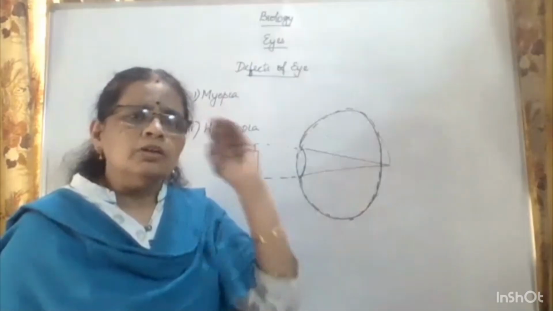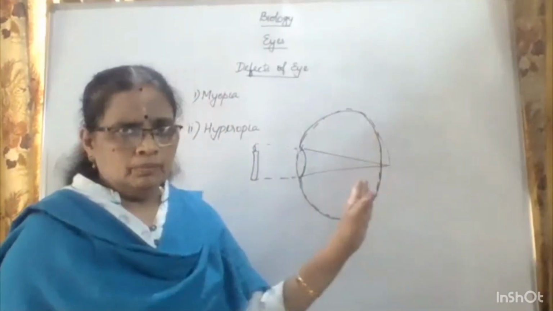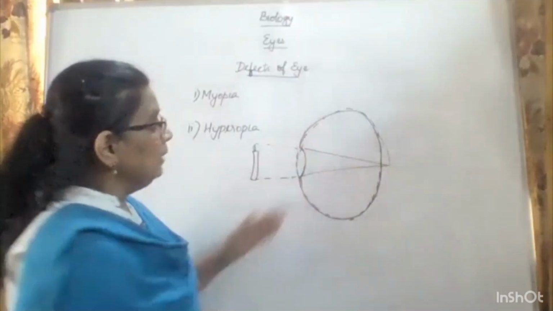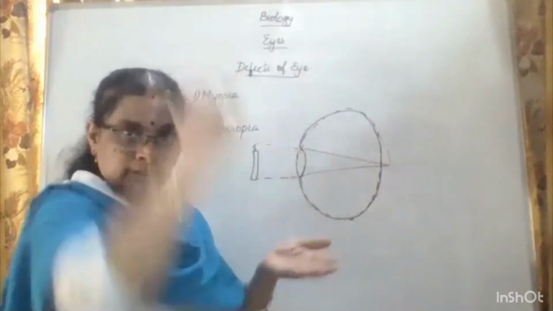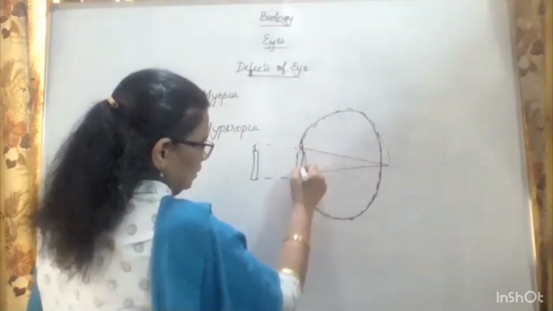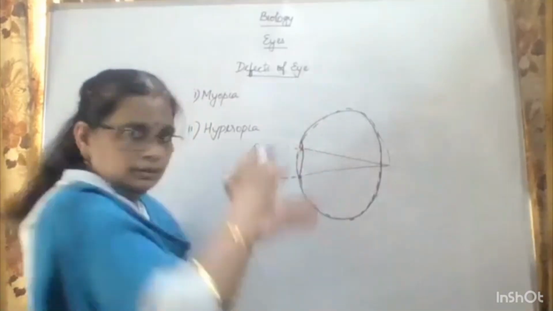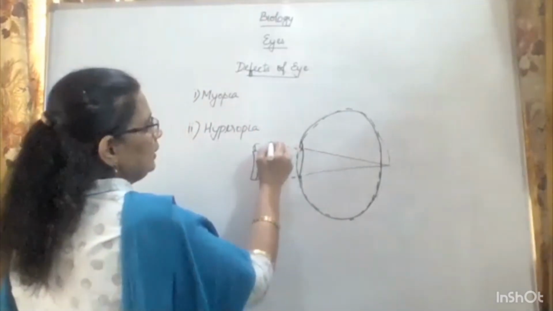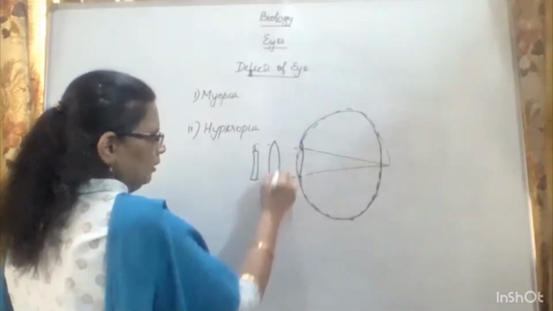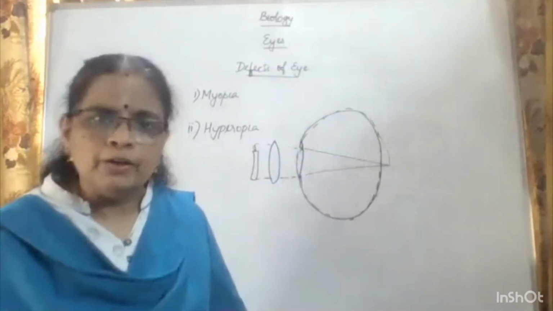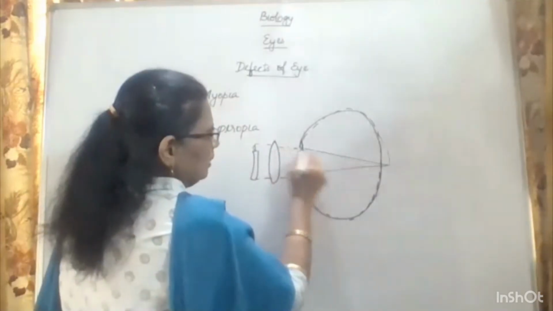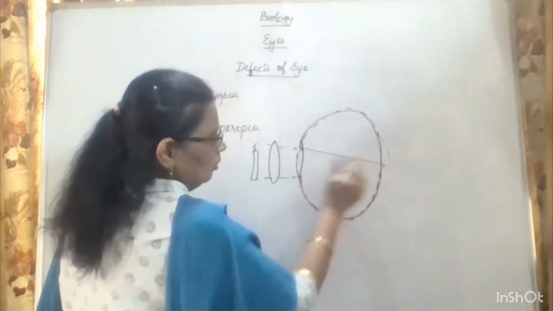Wherever the image is not formed on the retina, the image is not clear. And the lens becomes thinner, flatter. How to correct it? It can be corrected by using a biconvex lens. If we place a biconvex lens, the image will correctly be formed on the retina.